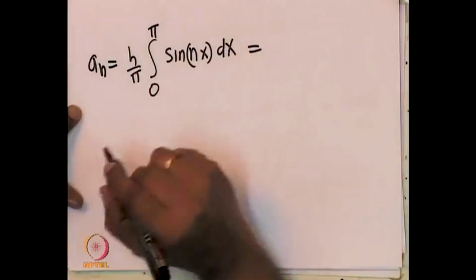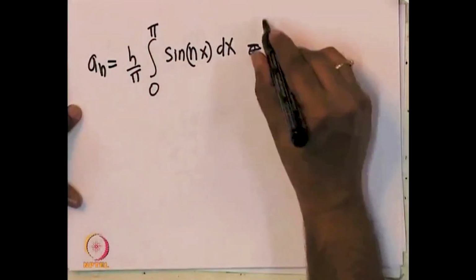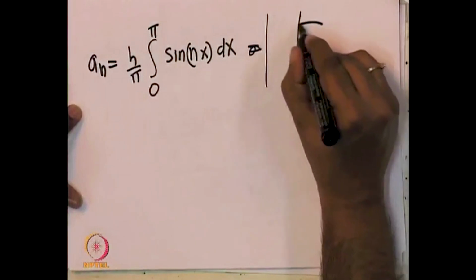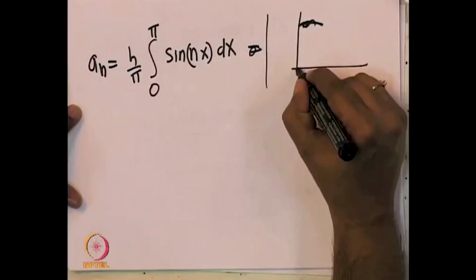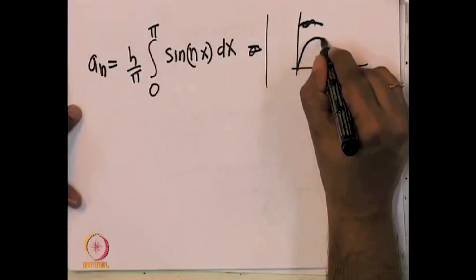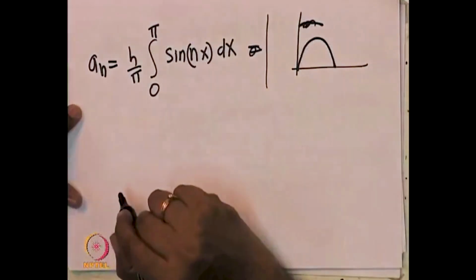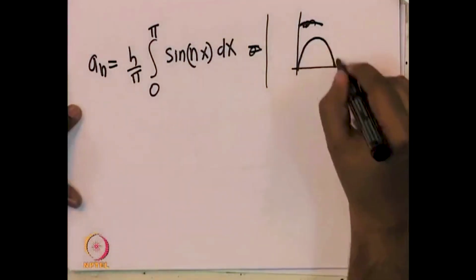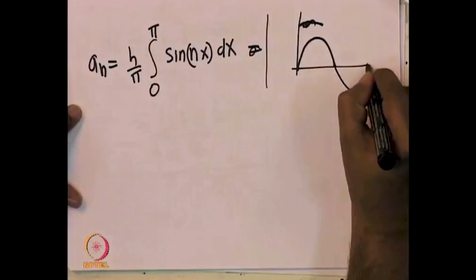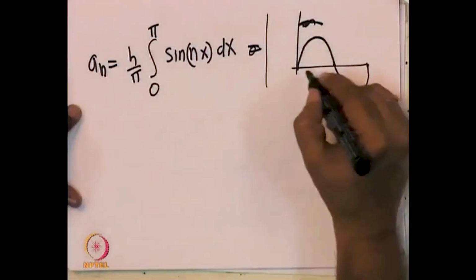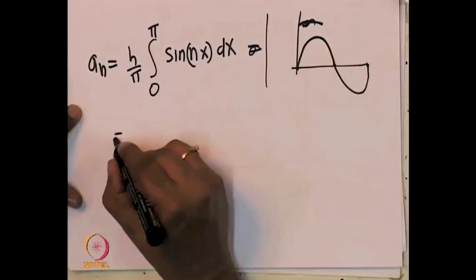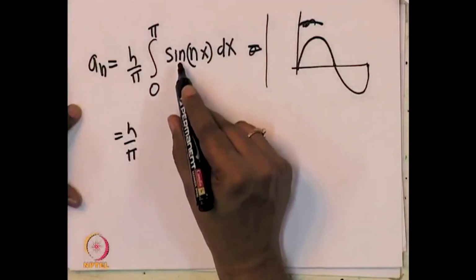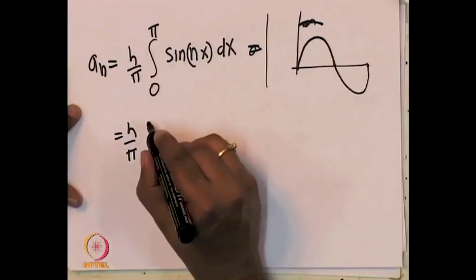Now, what is this? If you plot sin n x, sin 0 is 0, and between 0 and pi it will look like this. So, this is h by pi into the integral of sin, which is minus cos.